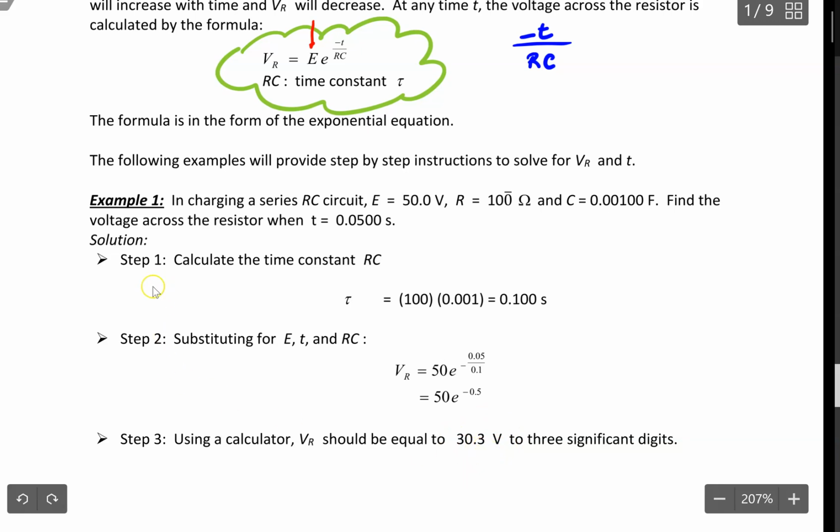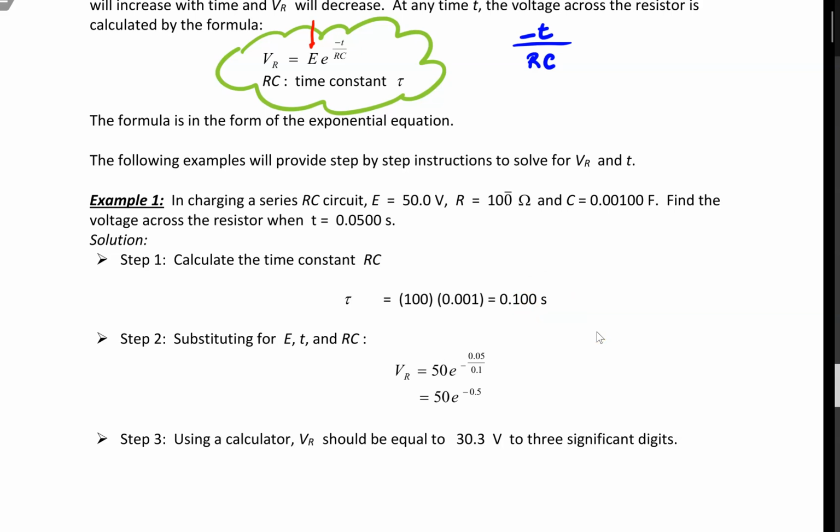Step 1, as I mentioned earlier, I always try to find my time constant first. Taking 100 and multiplying these values, I end up with 0.1. You are working with just ohms and farads, so you have just seconds here. If you use your calculator in engineering notation, it will give you back a value in engineering notation.